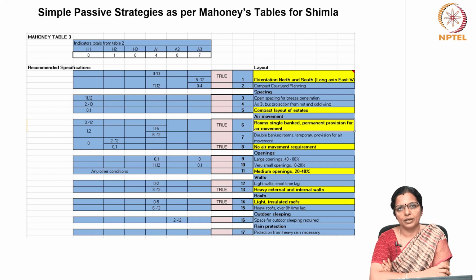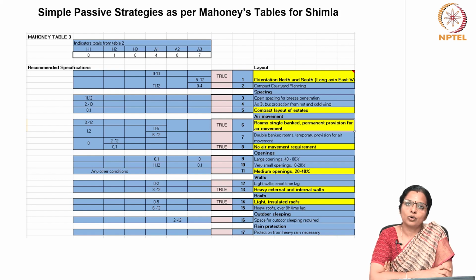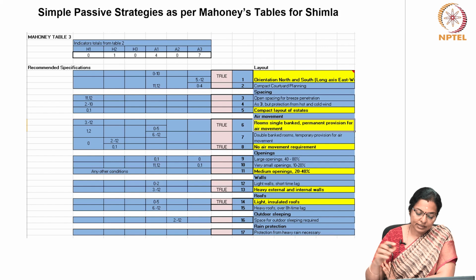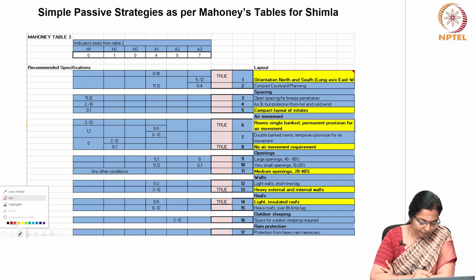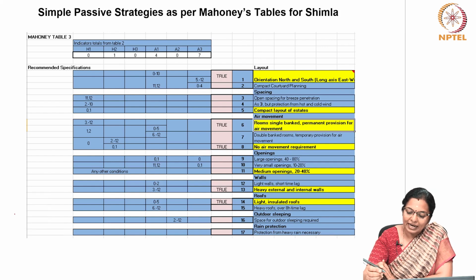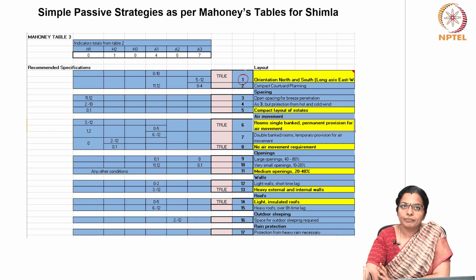If you look at Shimla, in the previous class I had told you how to use the Mahoney's tables. In a similar manner, I have used the Mahoney's table, and this suggests the criteria or climate strategies that must be adopted. So for Shimla, Mahoney suggests that the orientation should be north and south with the long axis along east and west.